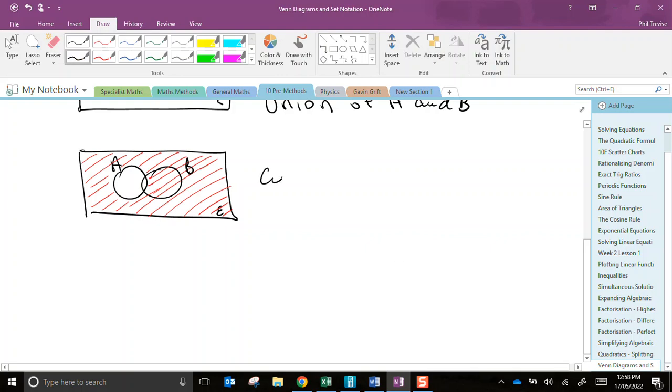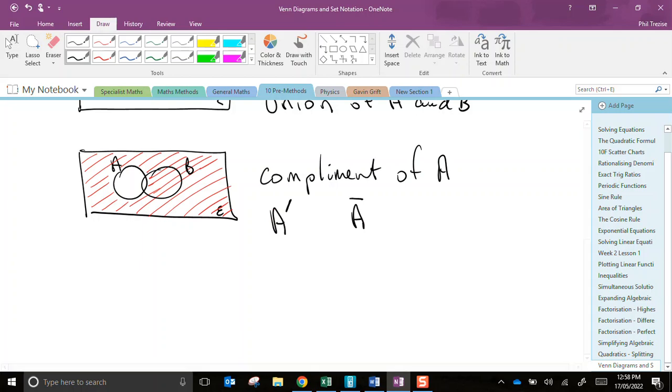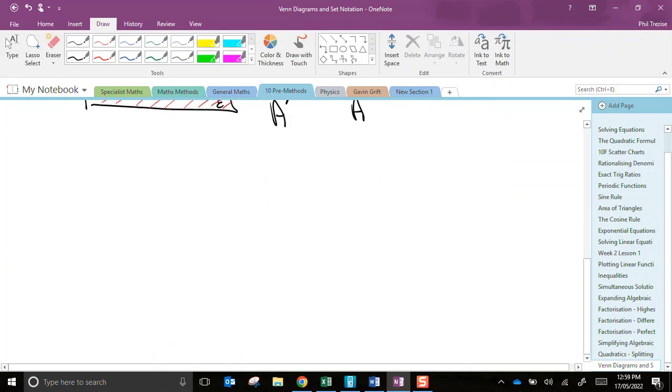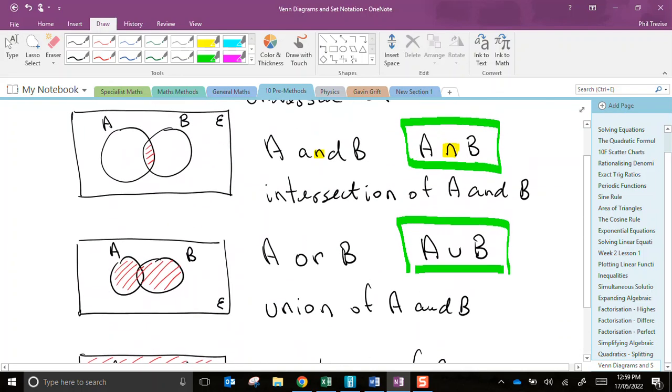Well, that's the complement of A. It can be symbolized with A as a dash. I've also seen it written as a horizontal line above the top of the set like that, meaning everything except what's in set A. Of course, I can have the complement of set B if I wanted to.